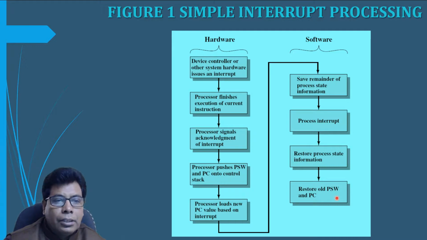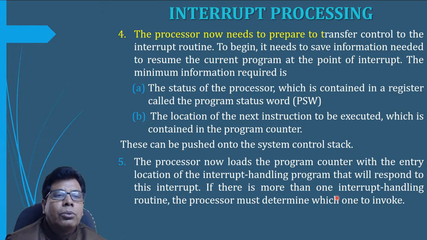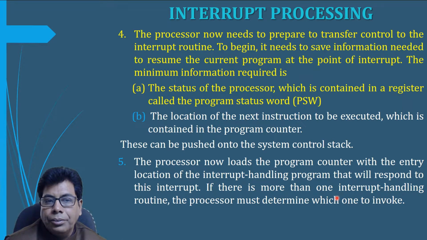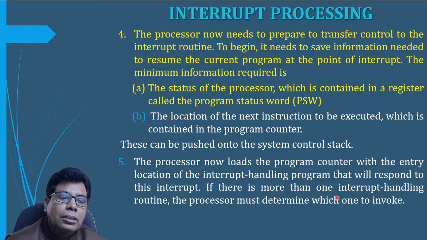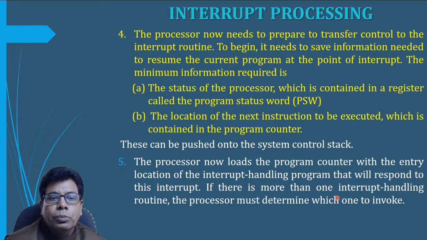Now let us go to the next step, that is, the processor now needs to prepare to transfer control to the interrupt routine. To begin, it needs to save information needed to resume the current program at the point of interrupt. Here we need the status of the processor, which is contained in the register called the program status word, PSW, or the flag register, and the location of the next instruction to be executed, which is contained in the program counter.